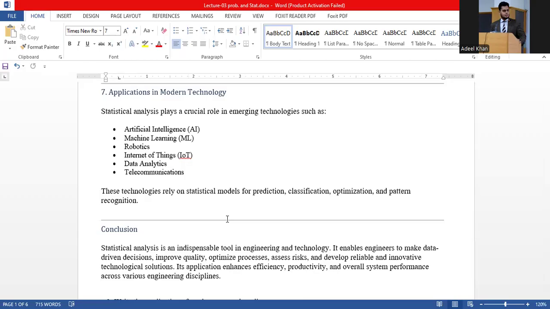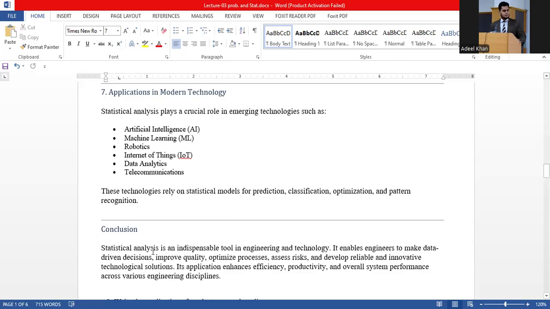So these technologies rely on statistical models for prediction, classification, optimization, and pattern recognition. By this way we can improve our models, improve our scheduling, maintain the reliability of systems, and optimize the cost estimation further.